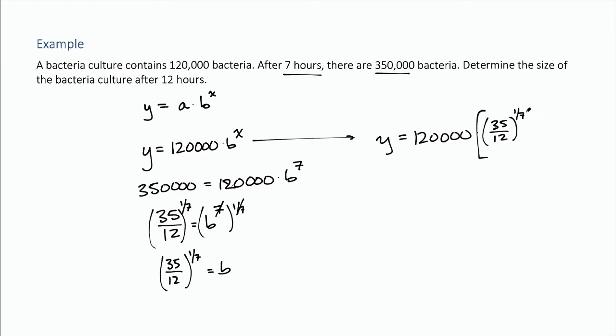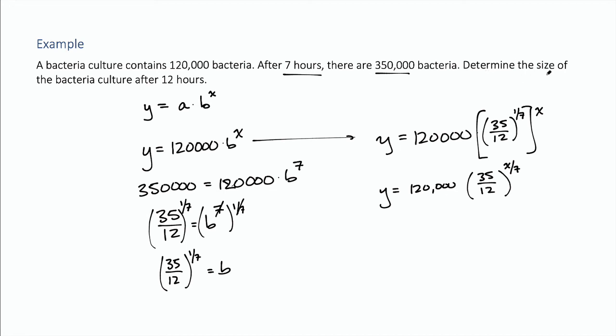So we take that and raise it to the x. We have an exponent raised to another exponent, so we multiply those exponents. So 1/7 times x is x over 7. So this is our exponential model.